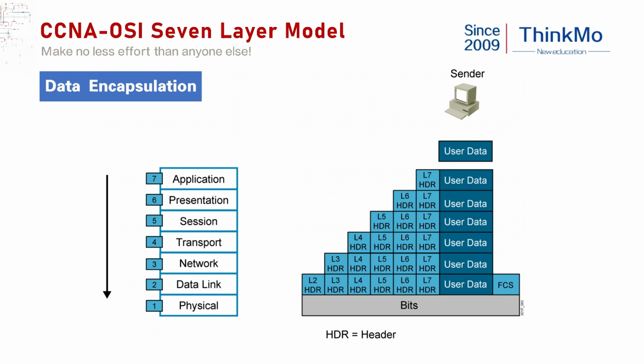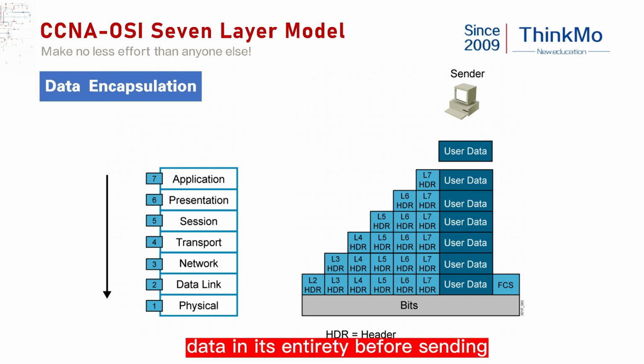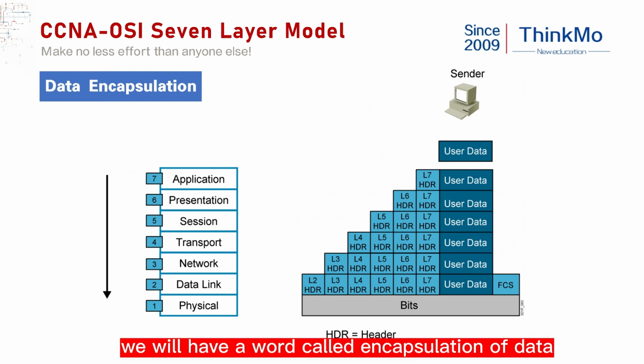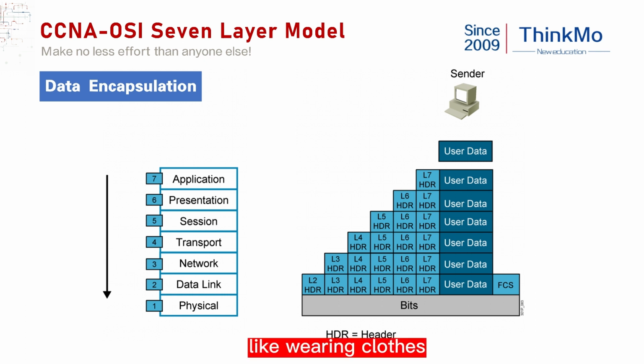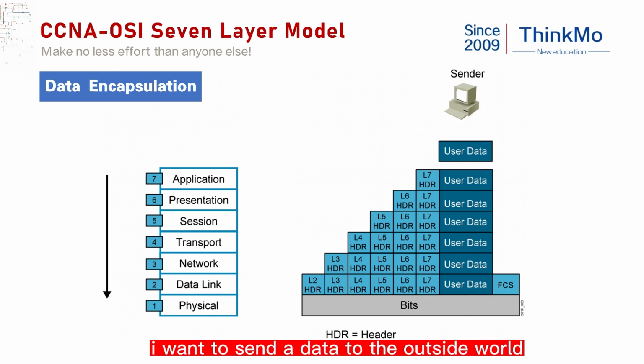Before sending, the data in its entirety goes through something called data encapsulation. So what does data encapsulation mean? It's like wearing clothes. We are an end user, the sender, and I want to send data to the outside world.